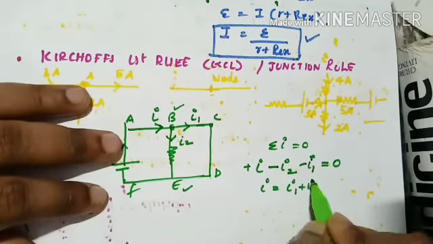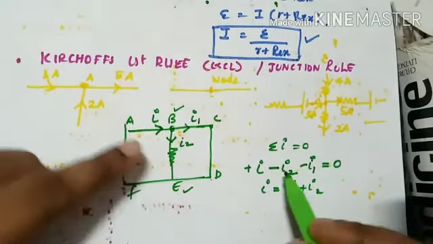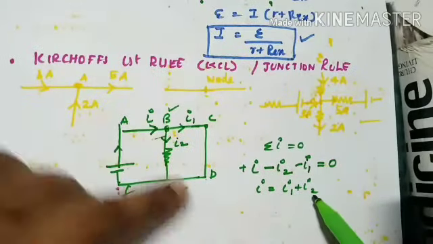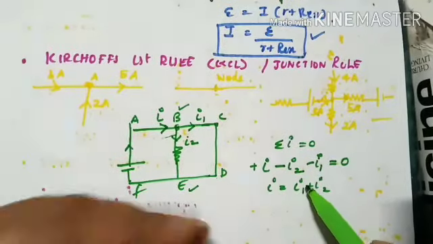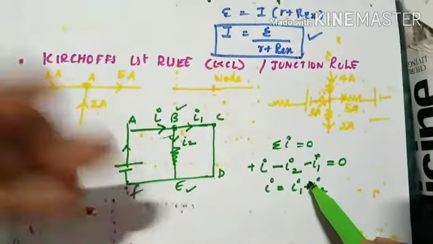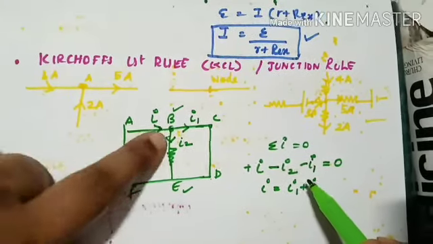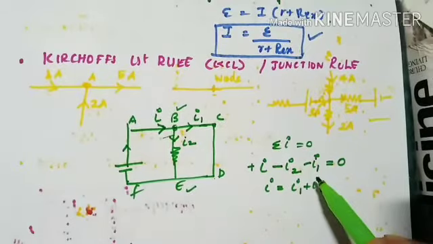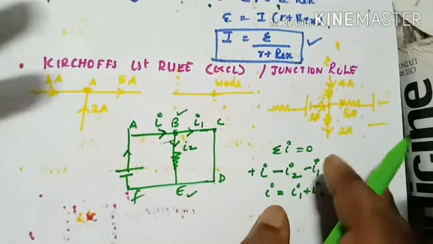I equals I1 plus I2, right? This is something which you know in this form. The amount of current in is equal to the amount of current leaving. So I can also rearrange the same to say that the algebraic sum of total current in a junction is 0. There are two ways of stating the same law. Both of them are correct.